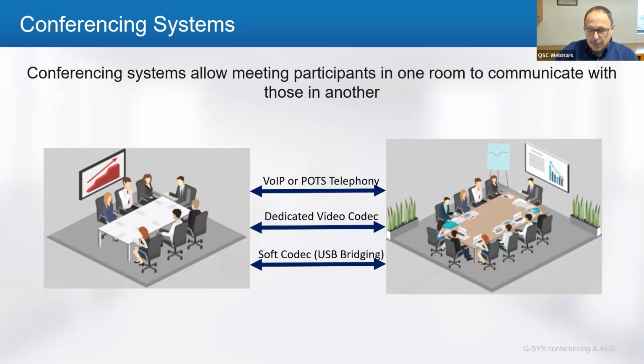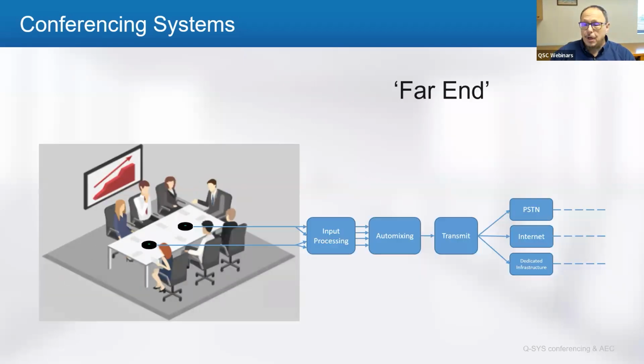To do that, we need to talk about some of the terminologies that go along with it. I'm going to talk about the term far end. The far end is the room or the rooms that receive the near end signal.